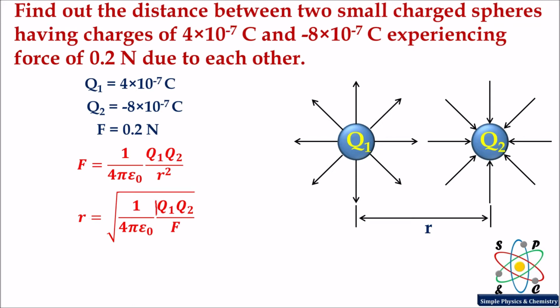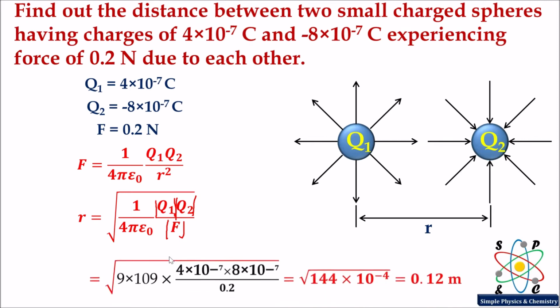So we should take the mod value of the charges, and also the force. Whatever the parameters are, we take their positive values, that is the absolute values. By putting in their values, r will be 0.12 meter. So the distance between these two charges is 0.12 meter.